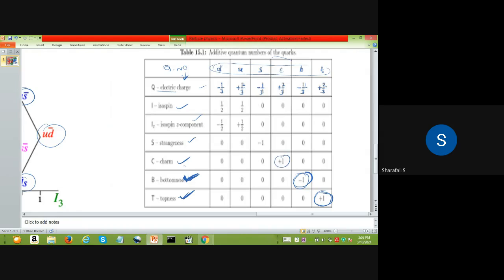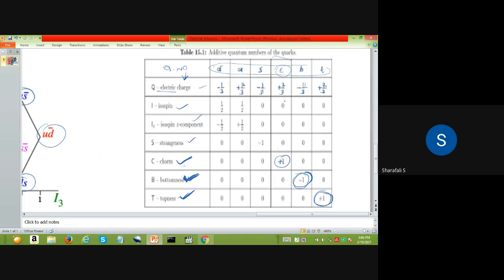Then there is a plus 1 quantum number of charmness for the charm quark. For all other quarks, we have 0. Only for those quarks do we have charmness, bottomness, and topness. You will get this chart online itself, so you can look into that and study.